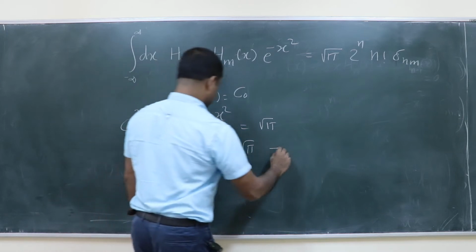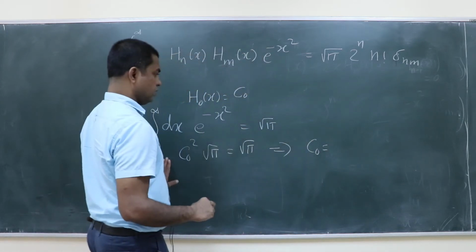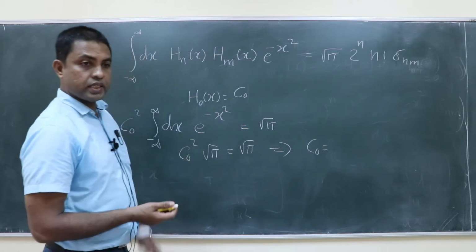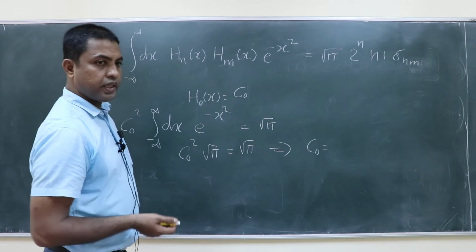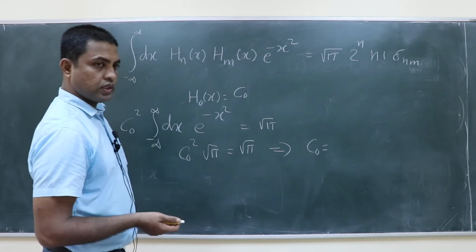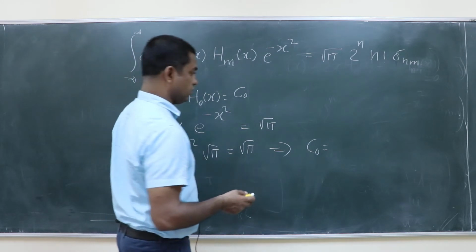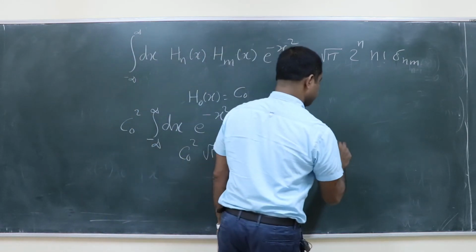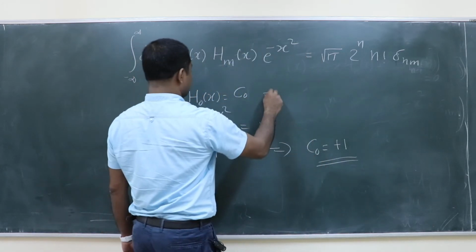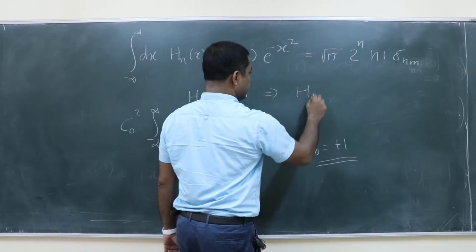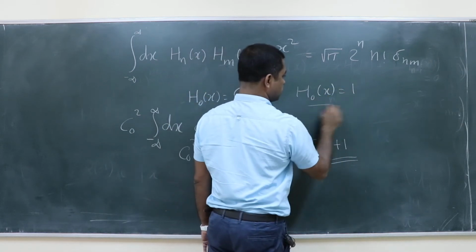This implies c0 is equal to plus or minus 1. So c0 can be taken as either plus or minus 1. You can take one of the roots, it does not matter. Okay, so take the positive one. So H0 of x is equal to 1.